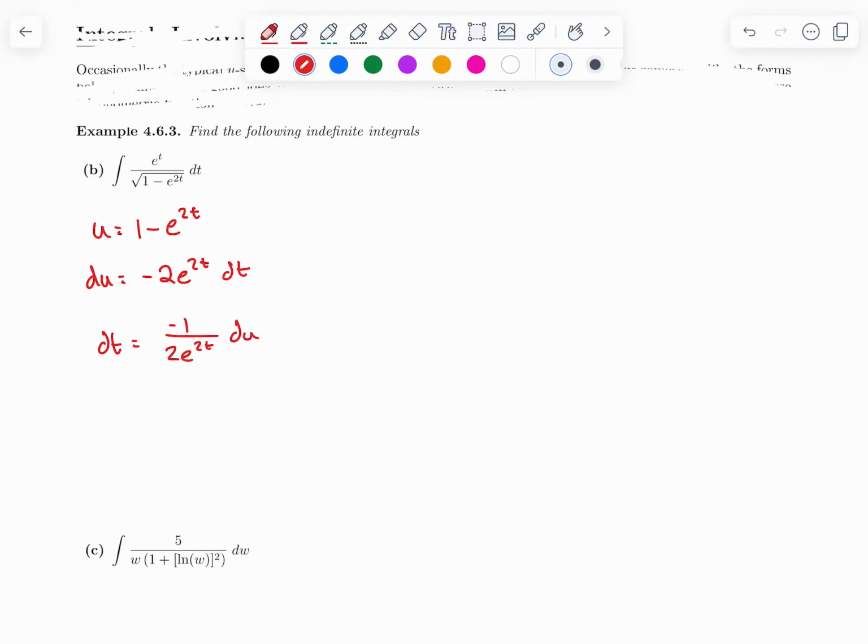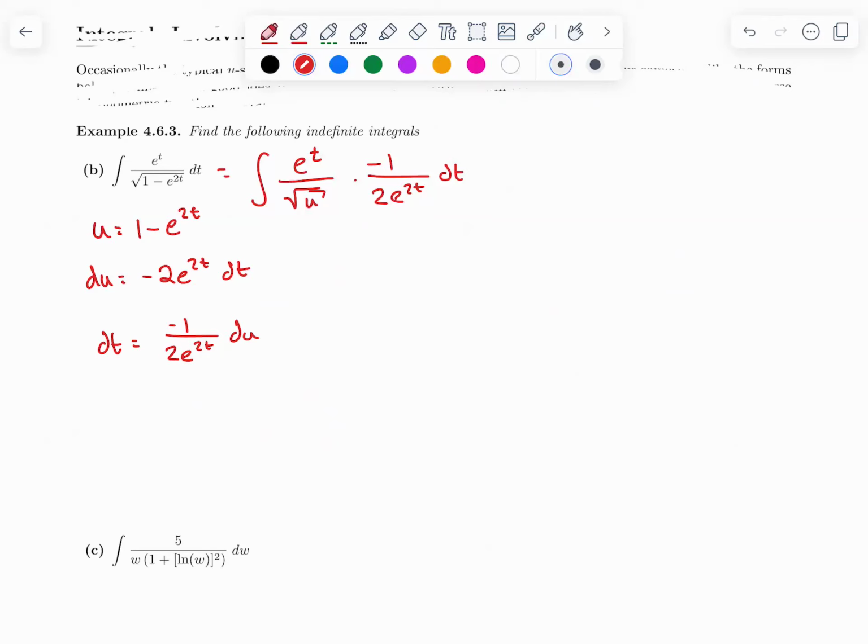So the negative is sticking around, and then it's going to be e to the 2t times 2. Yes. So if we do that, this will then become the integral of e to the t divided by the square root of u times negative 1 over 2e to the 2t du. And so it doesn't cancel nicely because it's not e to the t, it's e to the 2t.